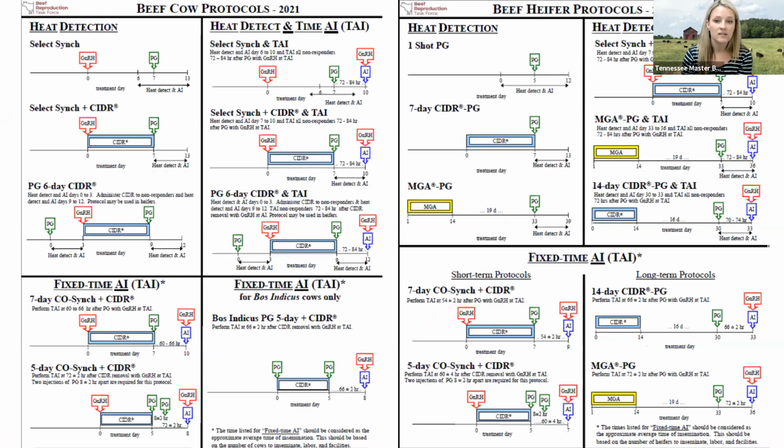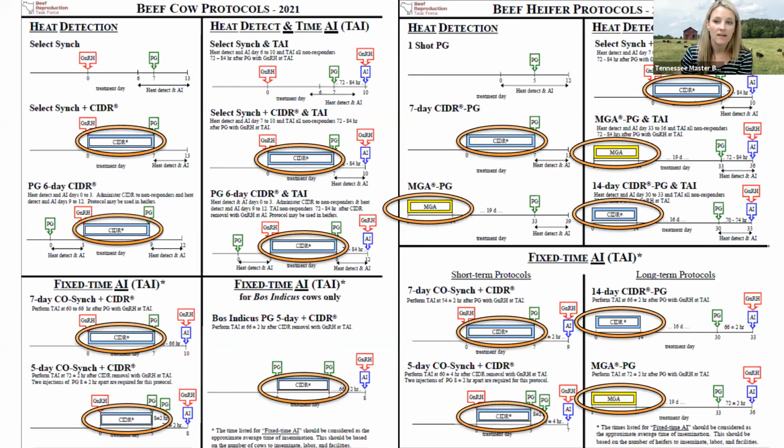And what you'll see here is all of these have this CEDAR present in them. So they have this little exposure to progesterone. And that's actually what we use to sync up these cows before breeding, along with other hormones. So this short exposure to this progestin is a really tried and true method to synchronize cows and get cows back to breeding.